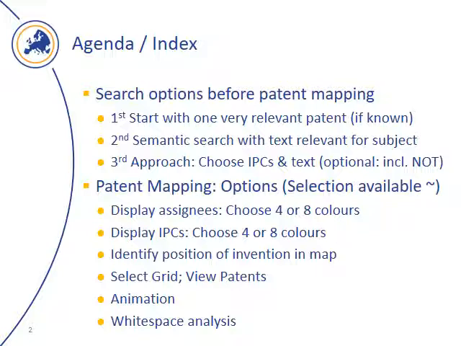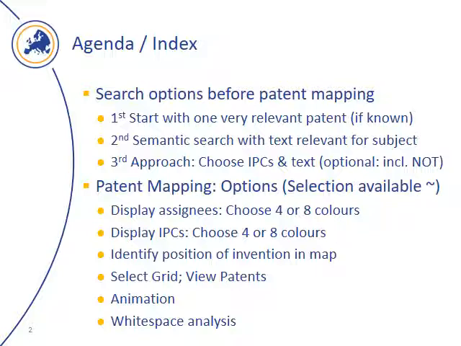I would like to stress that there are several patent search software providers nowadays who offer a patent mapping option, and therefore this guide has been set up as a generic guide which can be used for all types of software, but clearly the graphical depictions, the screenshots, are made using PatSnap.